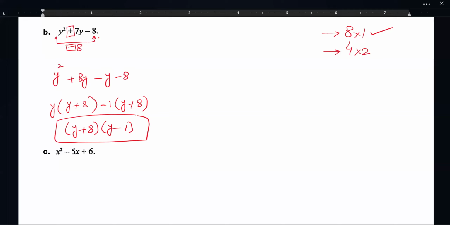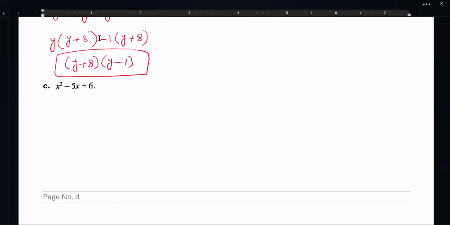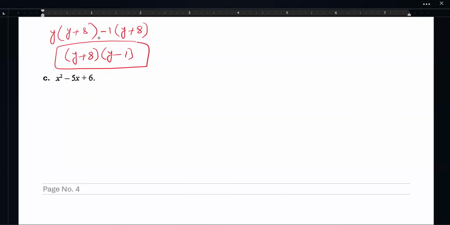Let's move on to part C. Again, the first and the last term must be multiplied and the product is plus 6. Now let's see how I can get 6? 6 times 1 and 3 times 2.